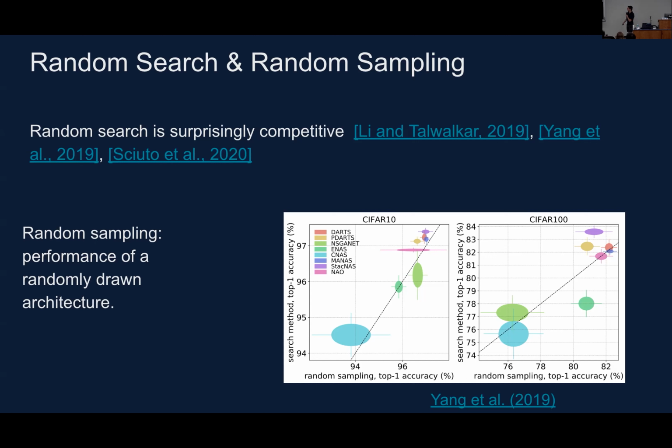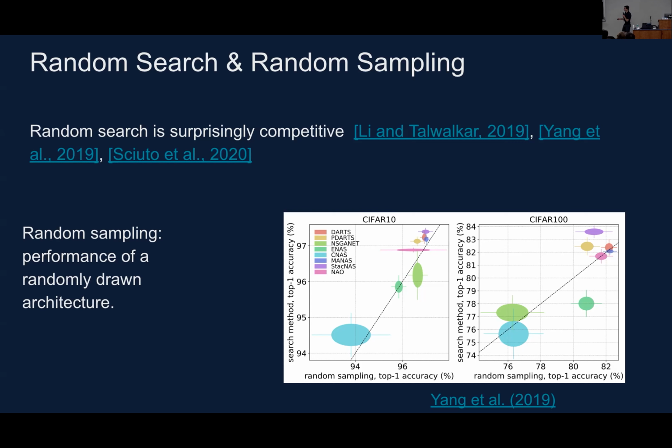And another pretty related sanity check is random sampling. So this is even simpler. Random sampling is just computing what the average accuracy of an architecture is in your search space when drawing these architectures at random.